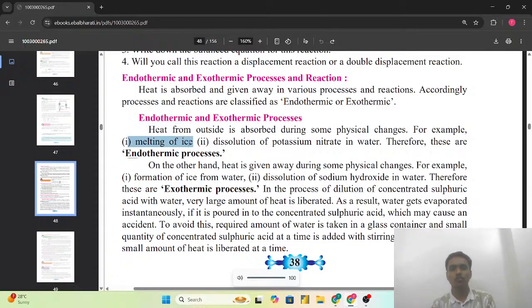Melting of ice: we can see that ice is in the solid state. After providing heat to that solid ice cube, it gets converted into the state of matter water.